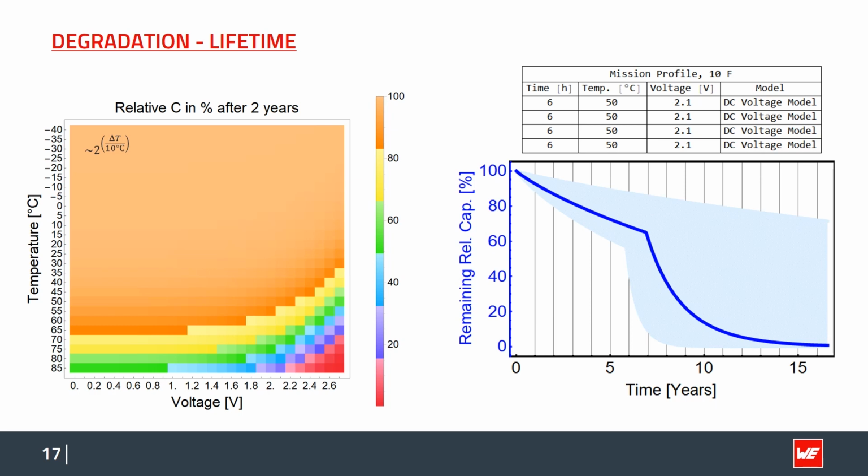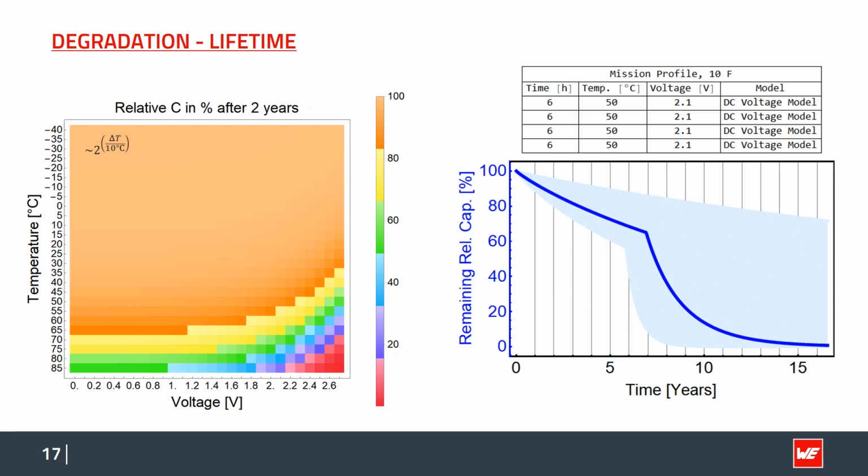In the left graphic, you see the relative decay in capacitance after 2 years, depending on the temperature and the voltage. The degradation is in percentage and color-coded. If you may only allow for 20% degradation, then you should stay within the orange area.